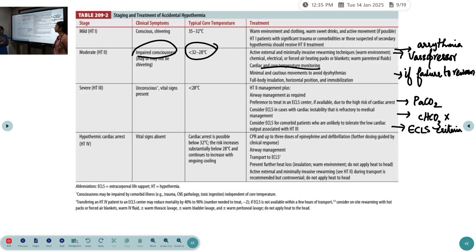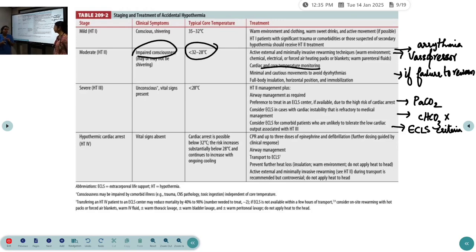And if the pH is very low and there is acidosis, only if there is a proper indication should bicarbonate be given to the patient, otherwise it should not be given. And we will prefer to transport the patient to an ECLS center, that is extracorporeal life support, where there is availability of ECMO.